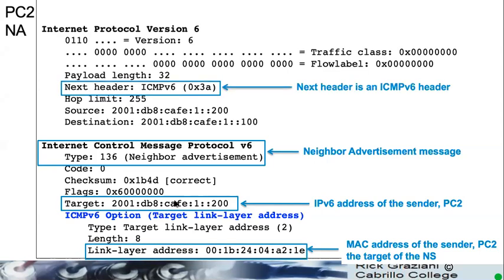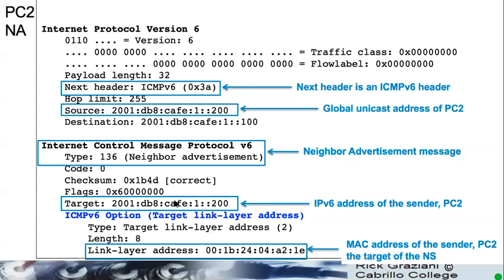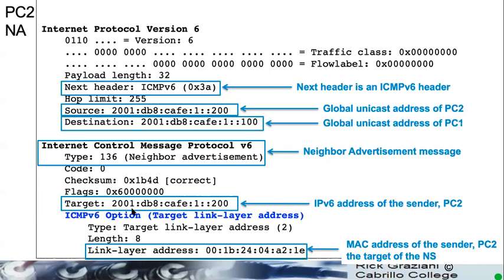Sent over IPv6, next header field, from this source. There's the source IPv6 address, which is the same as the target address, because it's this device. It's just saying, hey, this is my IPv6 address down here. And it's sending it directly back to whoever sent the neighbor solicitation message.